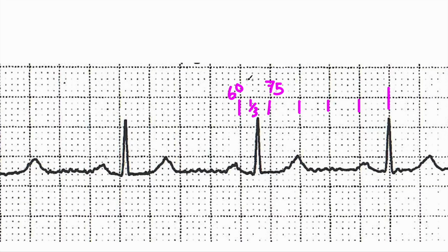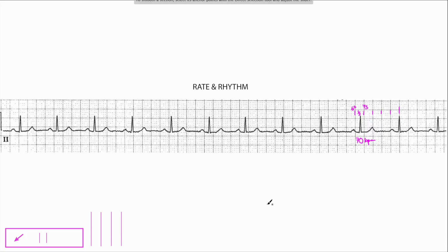That's 15 beats of a difference. 1/3 of that will be 5, so I'm just going to subtract 5 from 75, and that should give us 70 beats per minute.